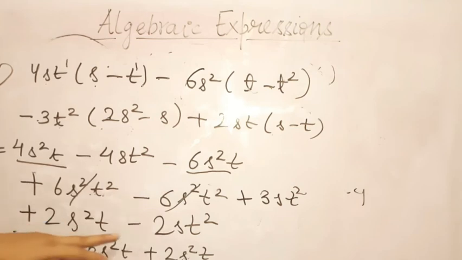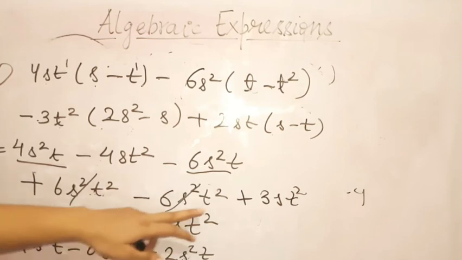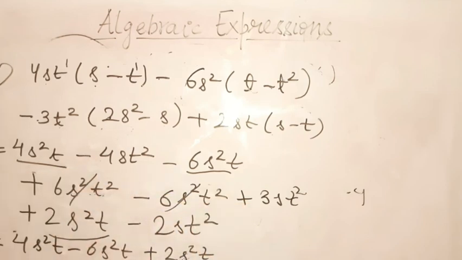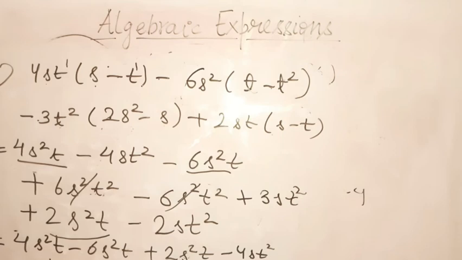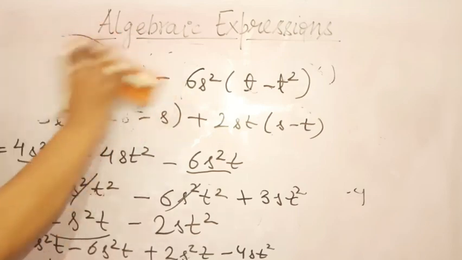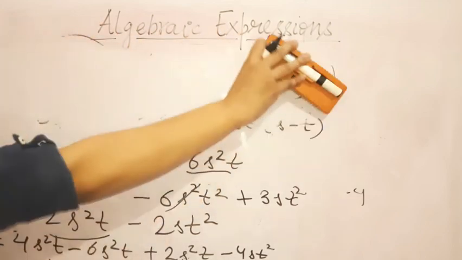Now coming on to st². This is plus 3st². This is minus 4st². I am writing it for you: minus 4st² plus 3st² minus 2st². This much is remaining. Now I hope it is visible to you. Let me write the last step above so that it is easy to understand.